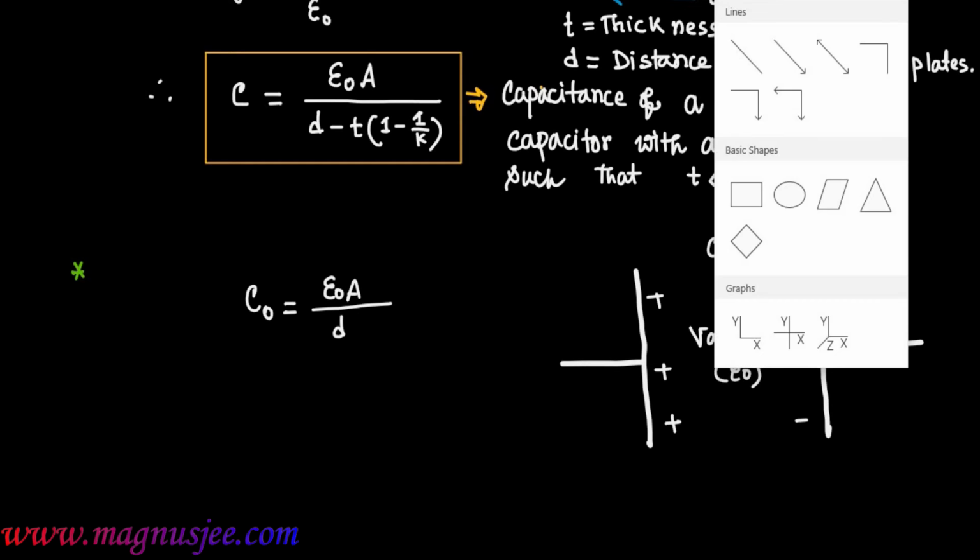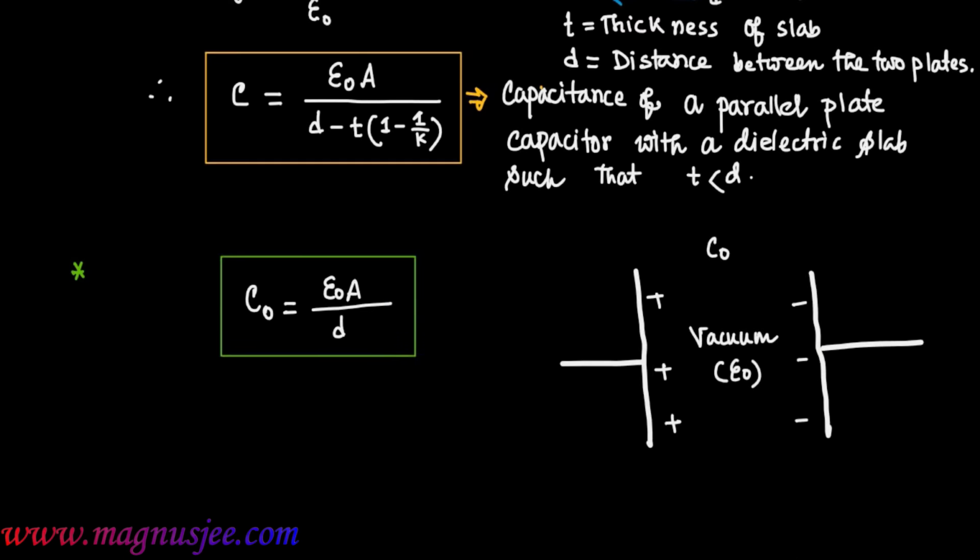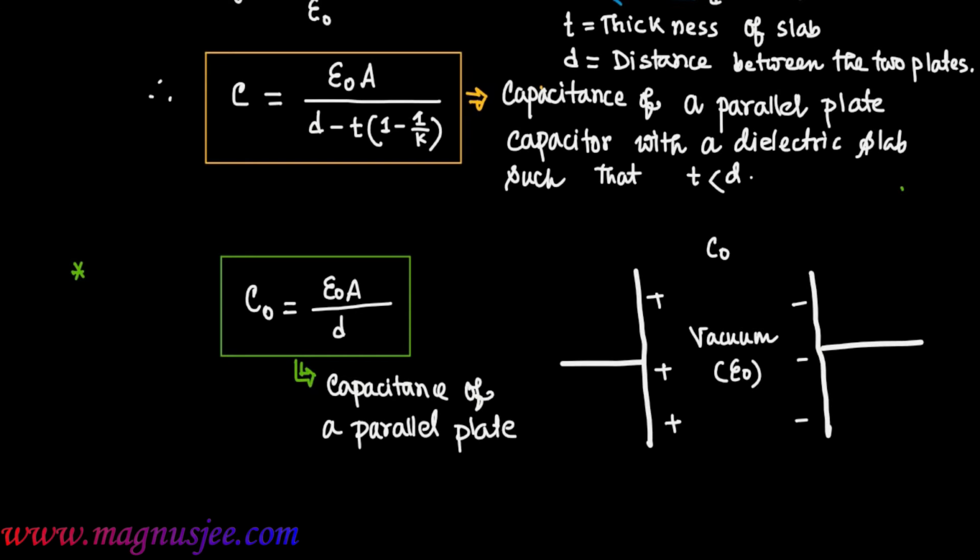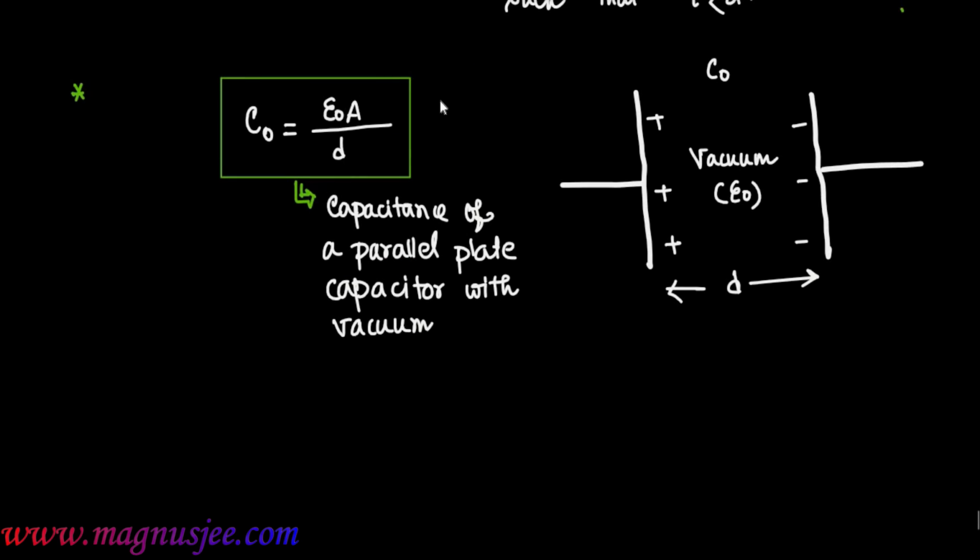So this is the expression of capacitance of a parallel plate capacitor with vacuum. d is the distance between the two plates. Epsilon 0 is the permittivity of vacuum.